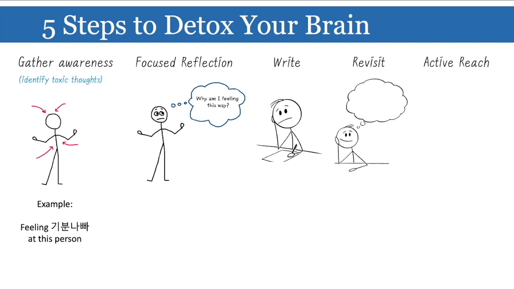And the last step is active reach. In my case, I prayed to God first and said, Lord, I bless her and her family. Bless her so much, and I will embrace her with love. Lord, what do you want me to do for her? I will do whatever you want me to do. Whatever she asks, I will let her have it. It's really from the bottom of my heart, because before I make everything right with her, I just want my heart to be right with you first, God.